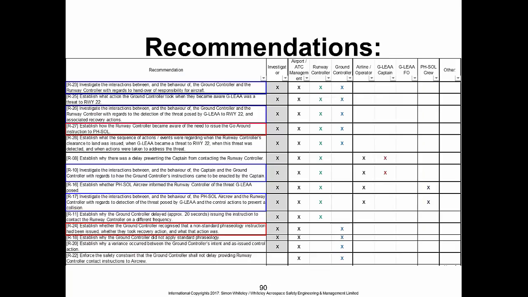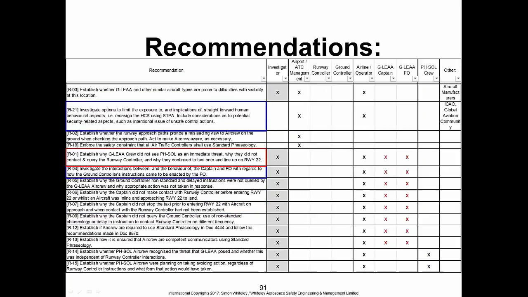Now, granted, 80% of these recommendations are about identifying further information, doing some further investigation, establishing some facts. And then those facts would help you to understand the aspects of the control structure and how the controllers interacted, and then what specific changes you can make to either prevent this accident from occurring again, or at least better manage the results of a runway incursion.